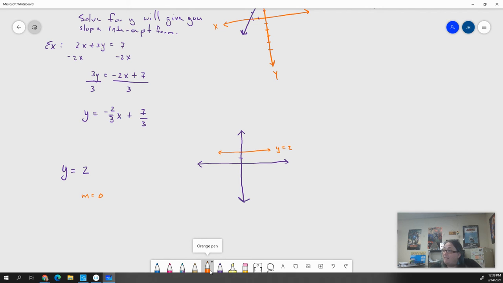Because if I have y equals 0 times x plus any number, when I multiply this through, because my slope equals 0, I'm just going to wind up with y equals that number. Does that make sense how we get that 0?